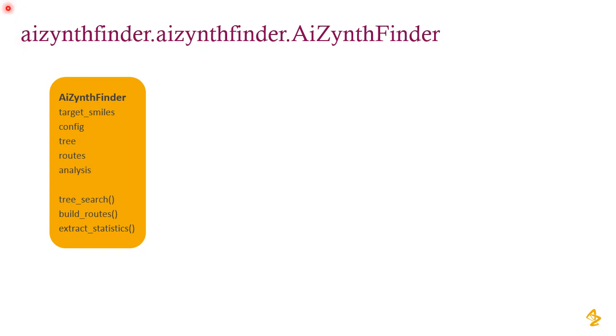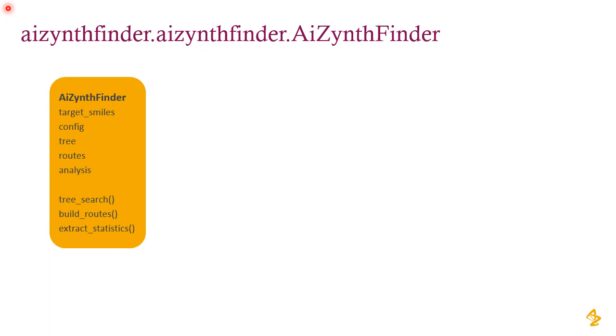So let's have a look at the AiZynthFinder class, which is the high-level Python API into a retrosynthesis algorithm. This class has a target smiles and also a target molecule property, which you can set in order to specify the target molecule that you want to break down. It has a config property that is set on instantiation. We'll see how that is done shortly.